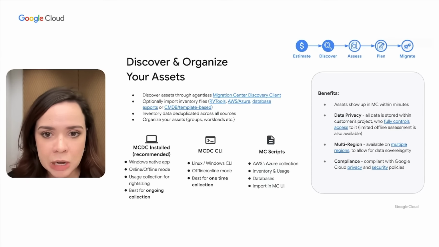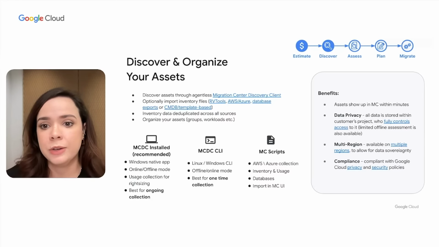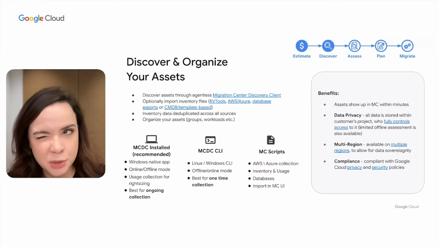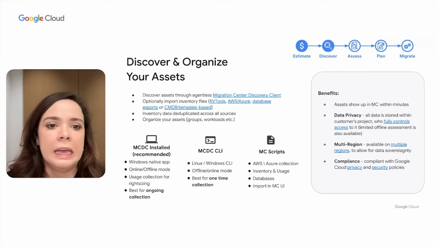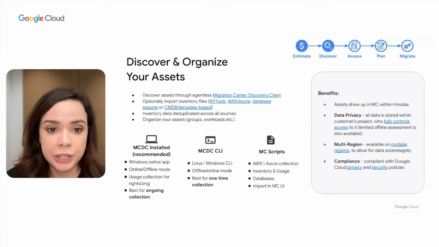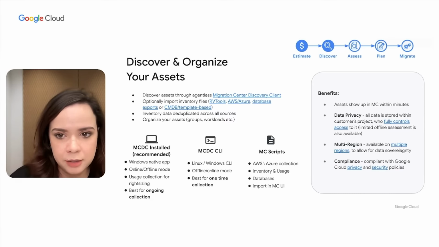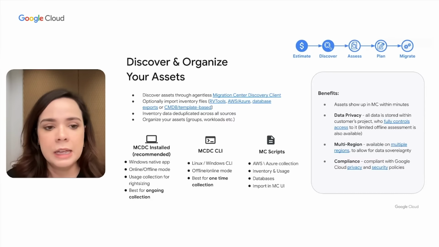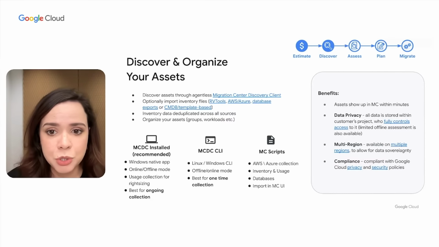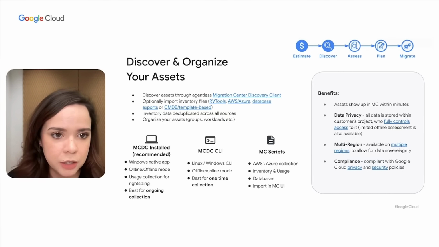If you want just a one time sweep, you can use the Migration Center Discovery Client CLI. And of course, if you don't want to install anything, you can bring data from other clouds like AWS or Azure. You can use Migration Center scripts for that. So you don't need to install anything if you don't want.